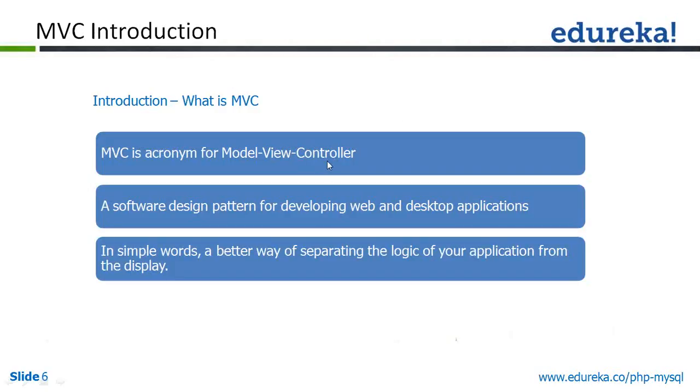It is a software design pattern for developing mainly web applications, though you can use it for desktop applications too. It is used for developing well-architectured web applications. In simple words, it is a better way of separating the logic of your application from the display. That is what MVC talks about.